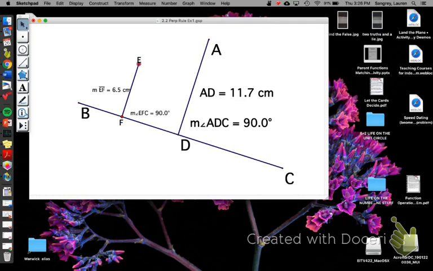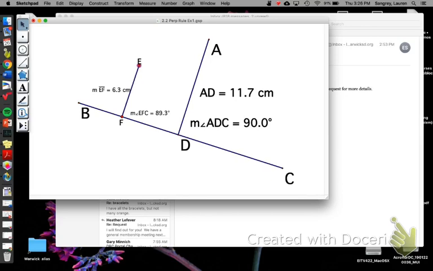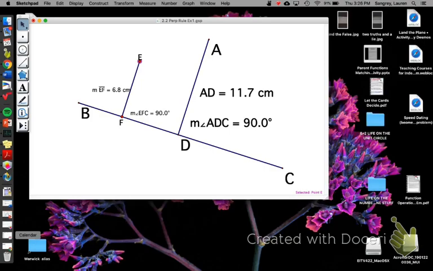Notice if I move point E and I no longer have the right angle, the distance changes. If I want an accurate distance, I should get it to 90 degrees. Oh, there it is. Oh, almost. But as close as you can get to 90 degrees, the more accurate you're going to be. Oh, there we go. Okay. Awesome. So that shows you that rule.